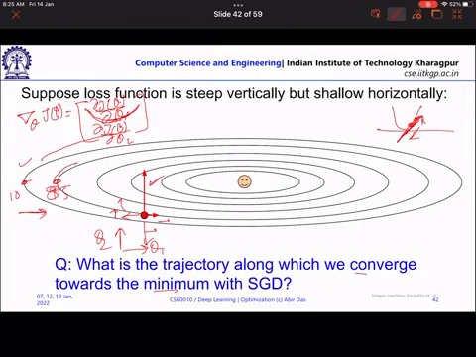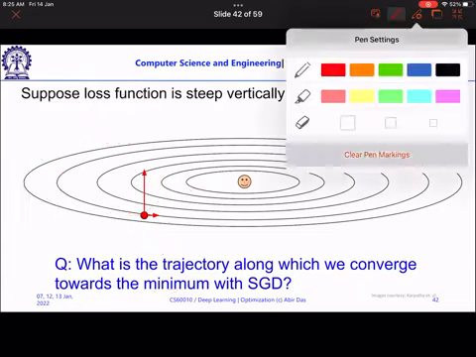If we try to apply our SGD algorithm, this smiley face is where the minimum is, so we would have liked to go directly there, something like this. But let me clear all these markings.